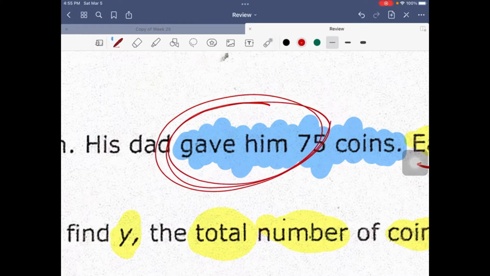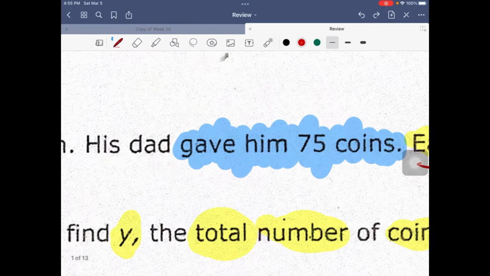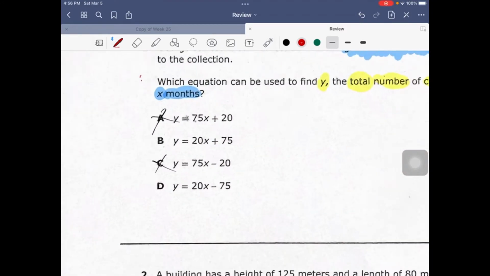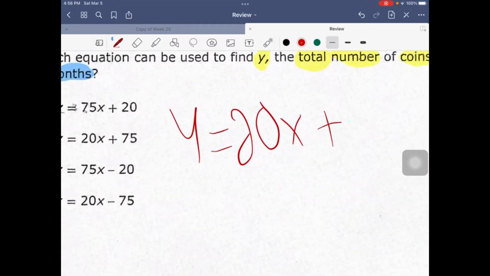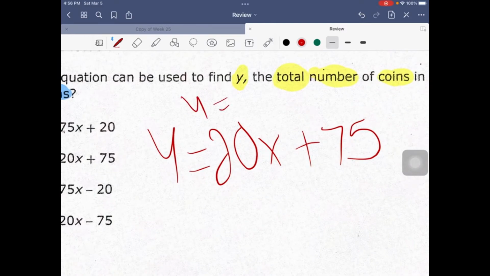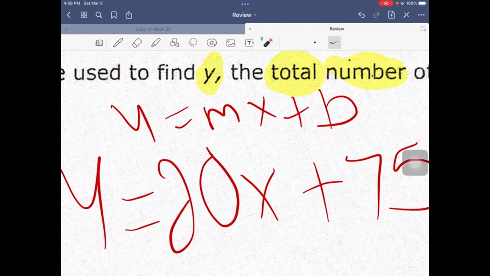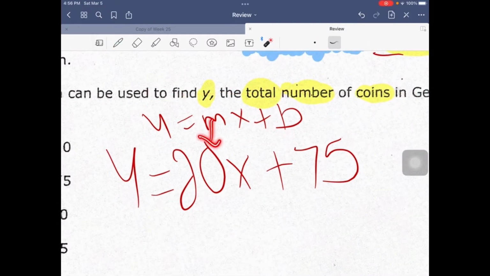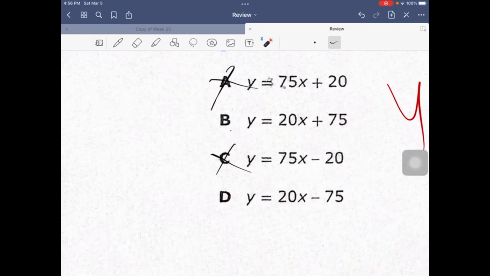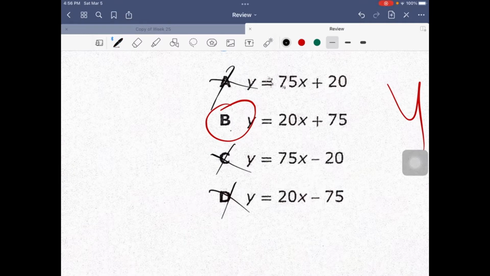Gave, what does that mean? He's going to have more, plus 75 coins. 20x plus 75. Now, we write the slope-intercept formula first so that we can see what each of them are. Y equals 20x plus 75. Eso es tu respuesta. That is your answer.